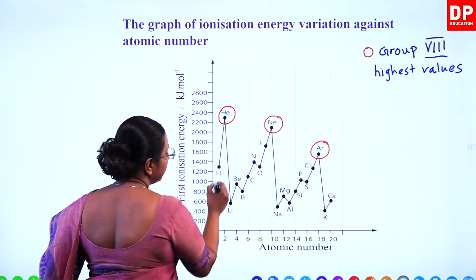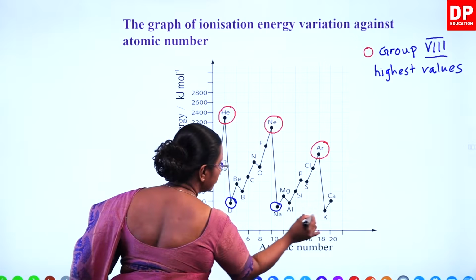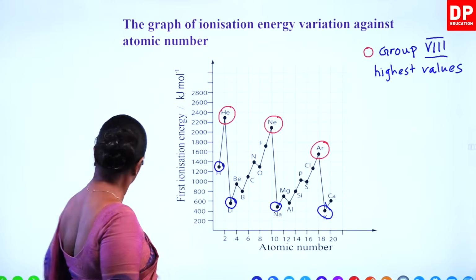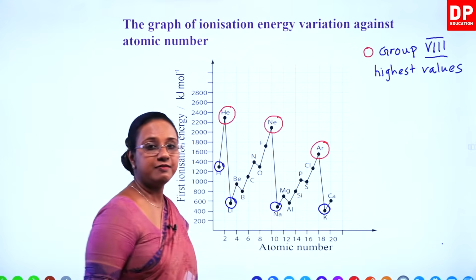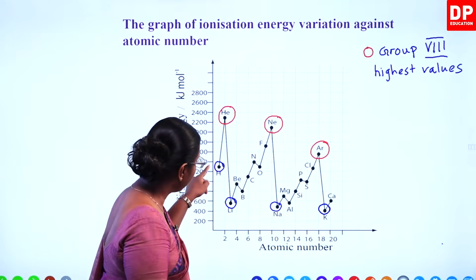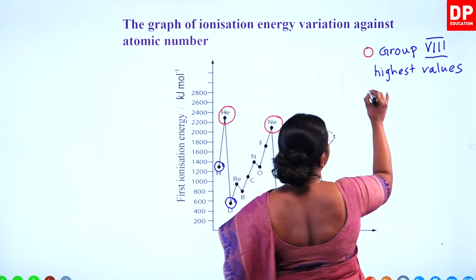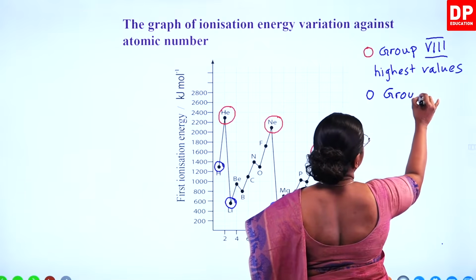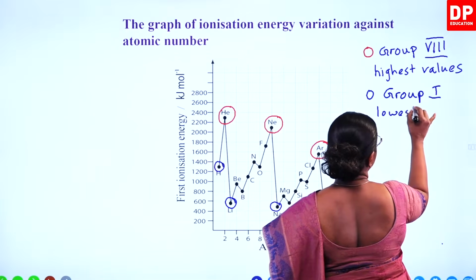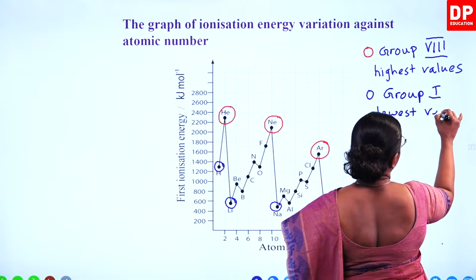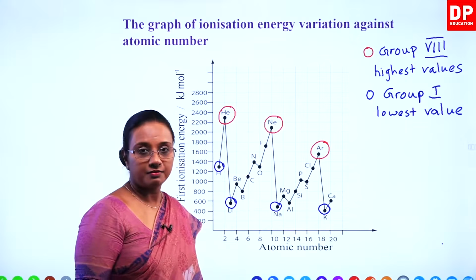And you can see group 1, hydrogen, lithium, sodium and potassium having the lowest values. They are there in the lowest point of the graph. So group 1, the lowest point. These are things you need to remember and identify from the graph.